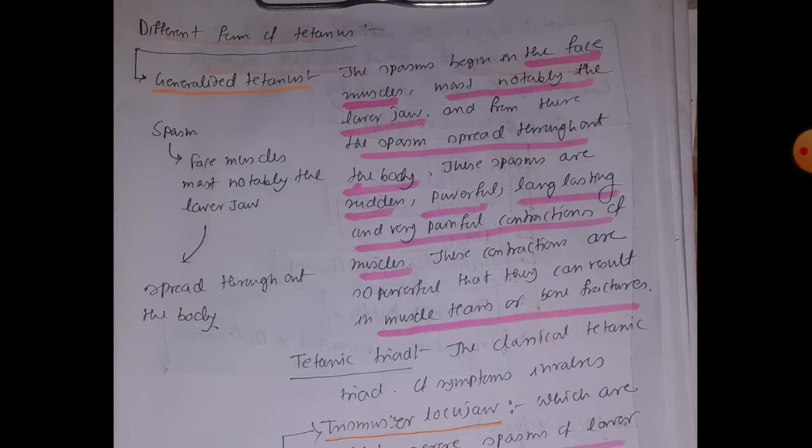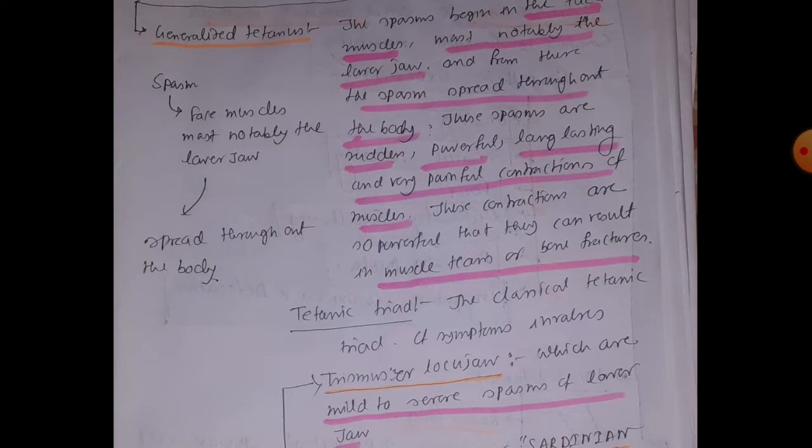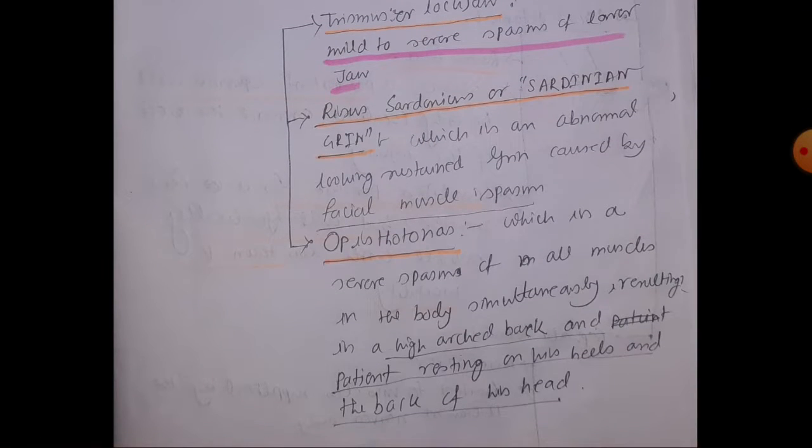Due to the spasm in the lower jaw of the facial muscle, it causes risus sardonicus or Sardinian grin, which is an abnormal looking grin on the face, and when it spreads to the rest of the body, it ultimately causes opisthotonus, which is characteristic of tetanus infection, where we have spasms simultaneously. As a result, the patients have a highly arched back and they rest on their heels and the back of the head.